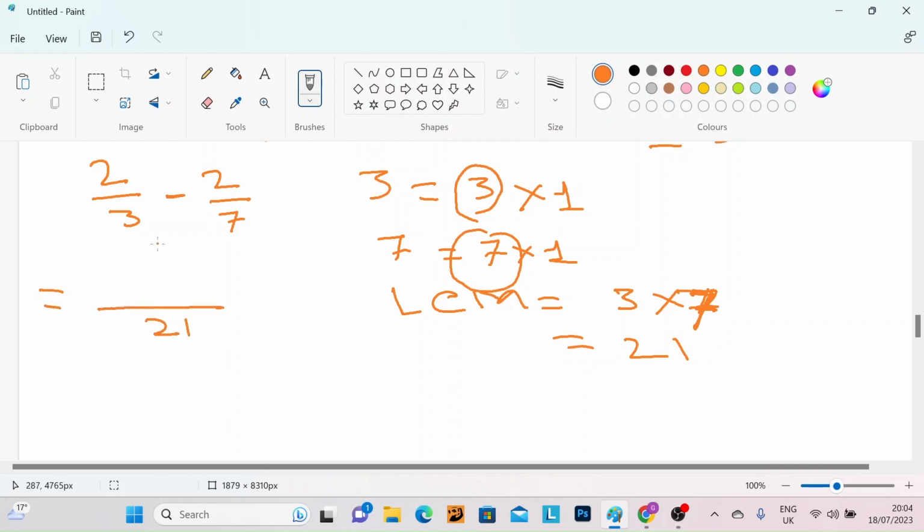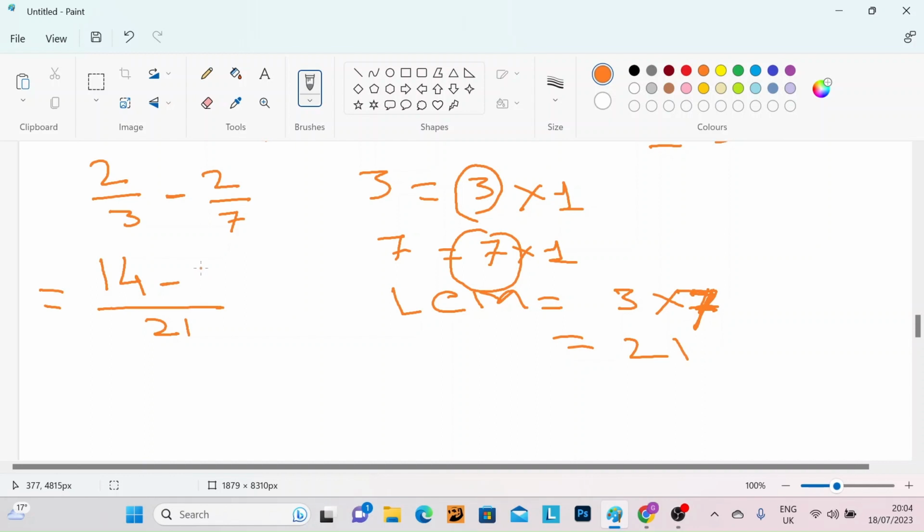Now we have to divide 21 by the denominator of the first fraction, which is 3, and multiply the result with 2. 21 divided by 3 equal to 7. 7 multiplied by 2 equal to 14.